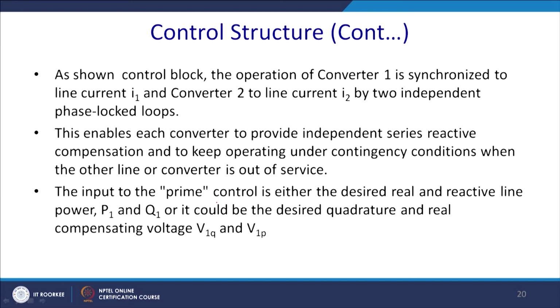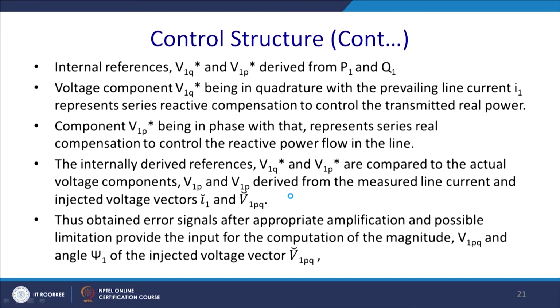The input of the prime control is either the desired real and reactive line power P1 and Q1, or it could be desired in quadrature as V1P or V1Q. So, the internal references V1Q and V1P from P1 and Q1 will be generated.